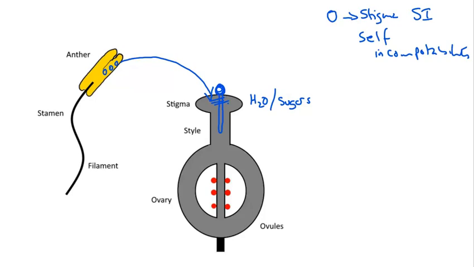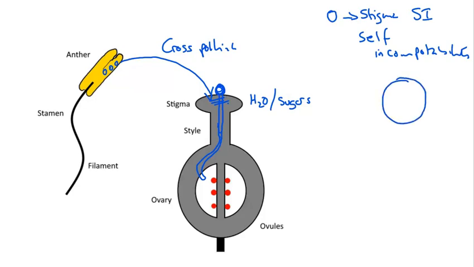However, let's assume that we have successful cross-pollination, and the tube will begin to grow down through the style towards the ovary, and it will move into the ovary space like so. Now let's consider the pollen grain for a moment.